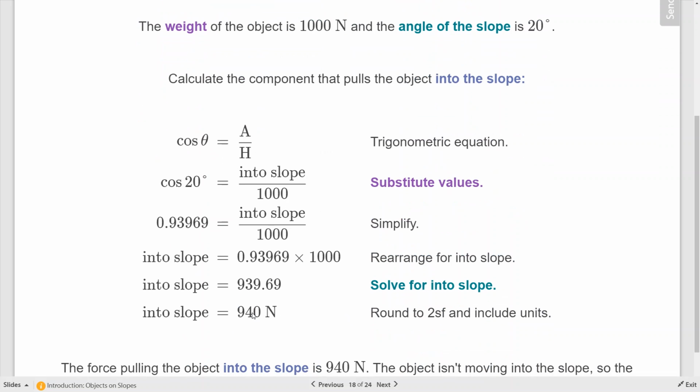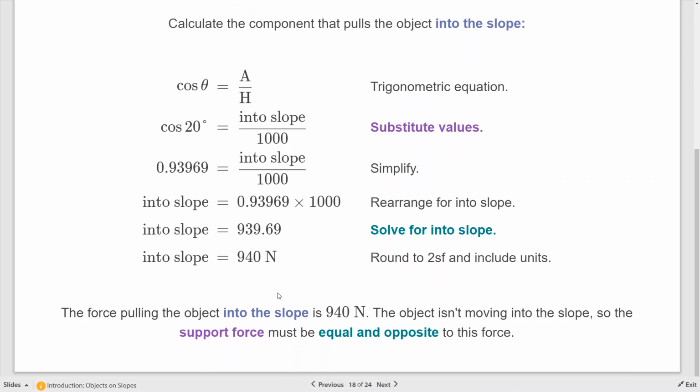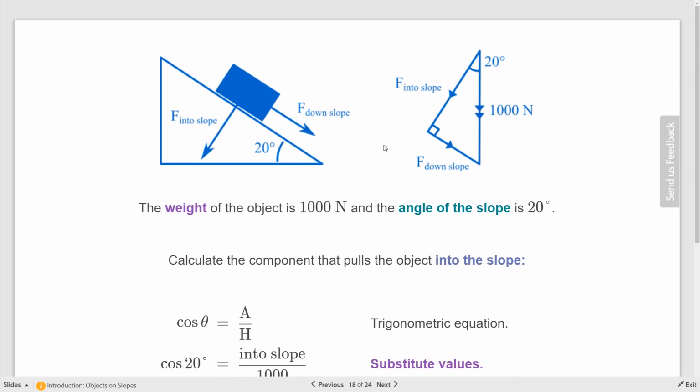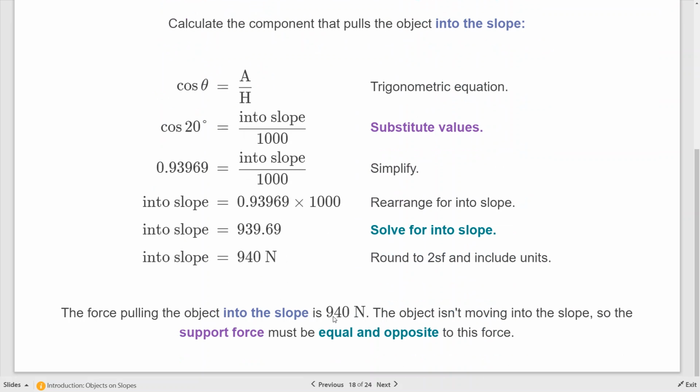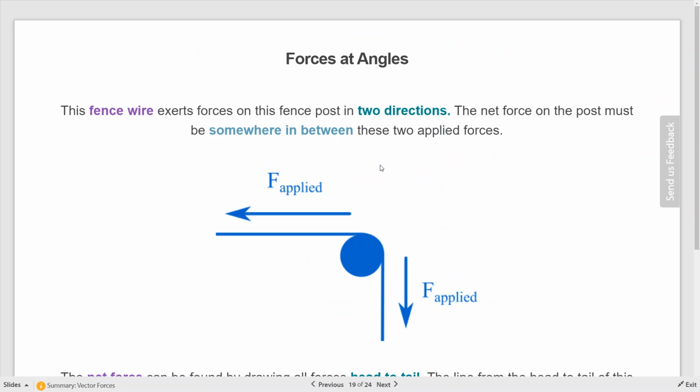Go through all the calculations, you get 940 to two significant figures. And so again, that support force, this one pushing up, must be equal and opposite to that. So that must also be equal to 940 newtons.